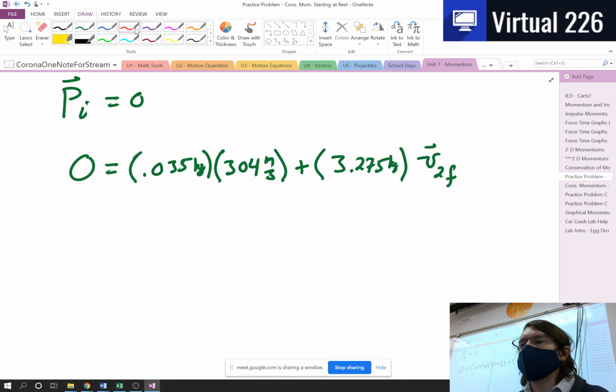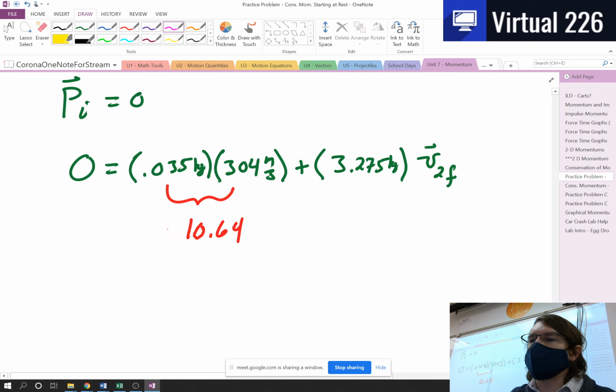So at this point in time, we just need to solve this out. We need to multiply these two numbers together to get some quantity here. If we do that, we would get 10.64.